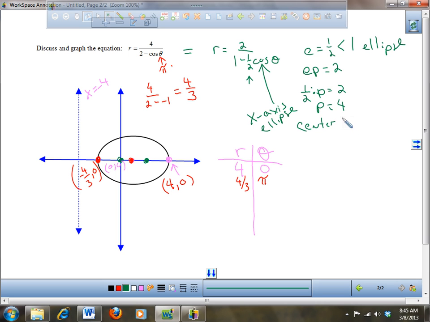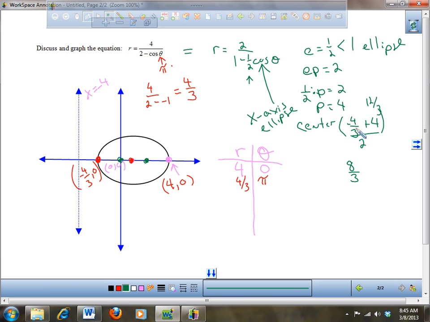Remember, you find the midpoint by adding together the x coordinates and dividing by 2. You would have to add the y coordinates too, but those are both 0. So -4/3 plus 4, what is that? 4 can be written as 12/3, so that makes 8/3.